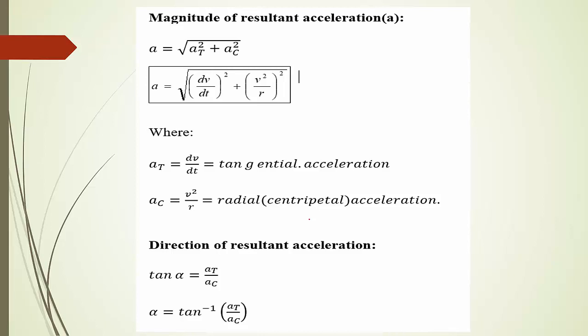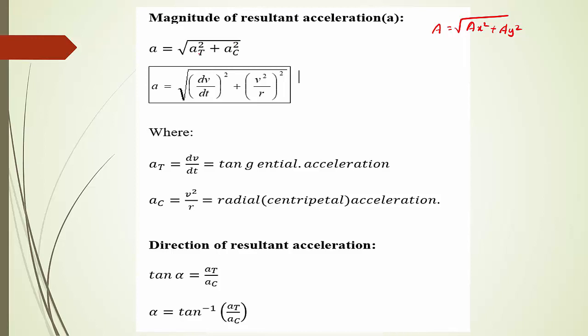Now we can say that the magnitude of the resultant acceleration is given by, as we already know for a resultant vector, a equal to square root of ax square plus ay square. The same formula we can use here: a equal to square root of at square plus ac square.